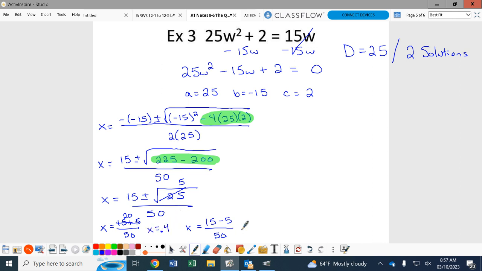For this next one, 15 minus 5 is going to be 10, and 10 divided by 50 is going to be 0.2. X equals 0.2. They're both positive, so which one do I list first? The 0.2 because it's worth less than the 0.4. Those are my two answers that go in my braces.